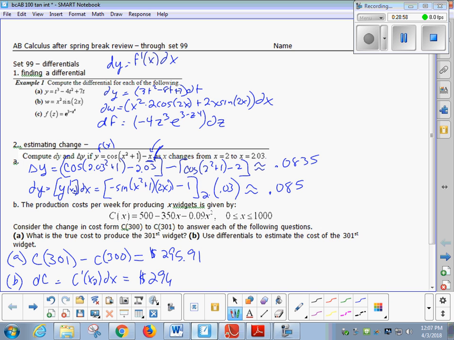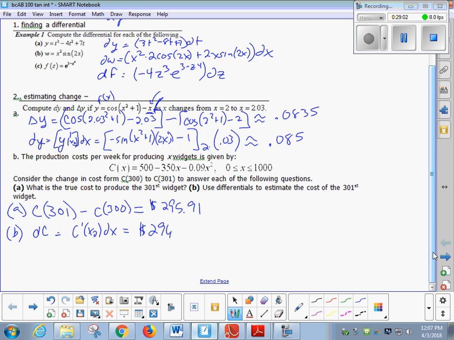The second one was from a business calculus textbook. This is called marginal. When you talk about the cost of one more, that's marginal profit or marginal cost. For the true change in cost, the true cost of the 301st, you first have to know what C does. C gives you the total cost of this many widgets.